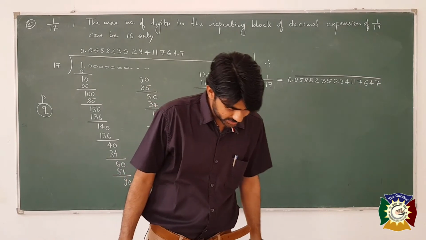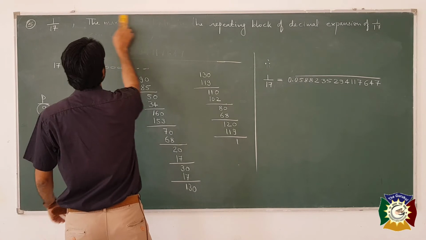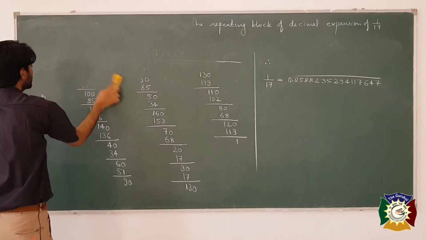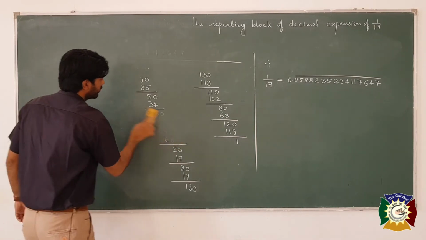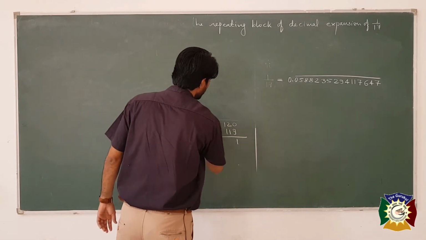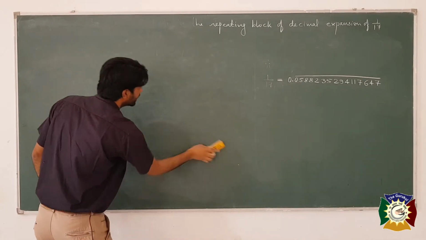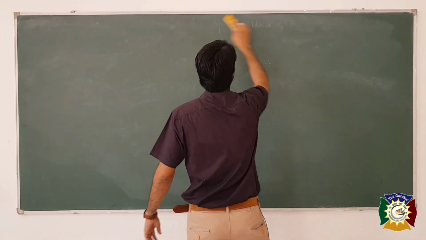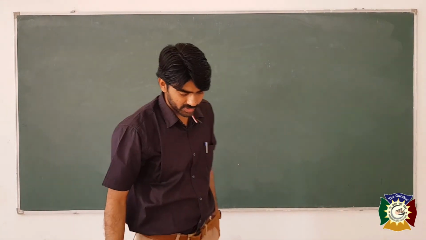Now question number 6. We have to take several examples and then decide some property for the repeating block of the digits, or the type of decimal expansion, whether it will be terminating or non-terminating repeating. I am reading out the statement from the book.